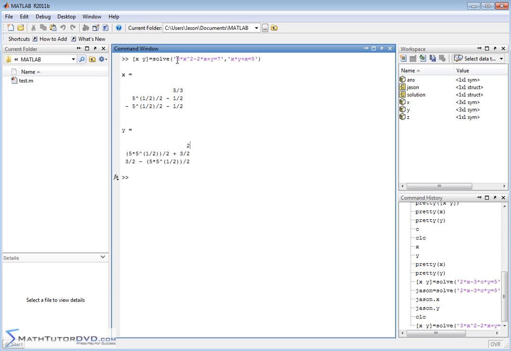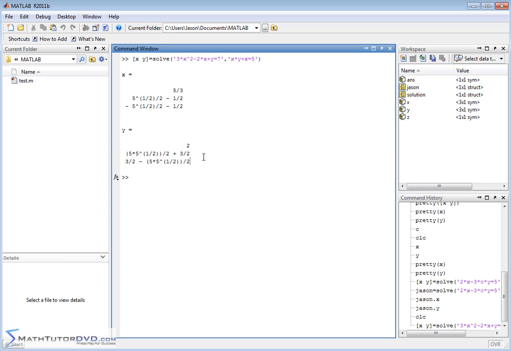Usually when you have a system of equations, you basically have one value of x, one value of y, one value of z, and so forth. But because we have x's and y's all cross-multiplied together here, one pair of answers would be 5/3 for x and 2 for y. Another pair of answers would be this value and this value for y. And another pair of answers would be this for x and this for y.